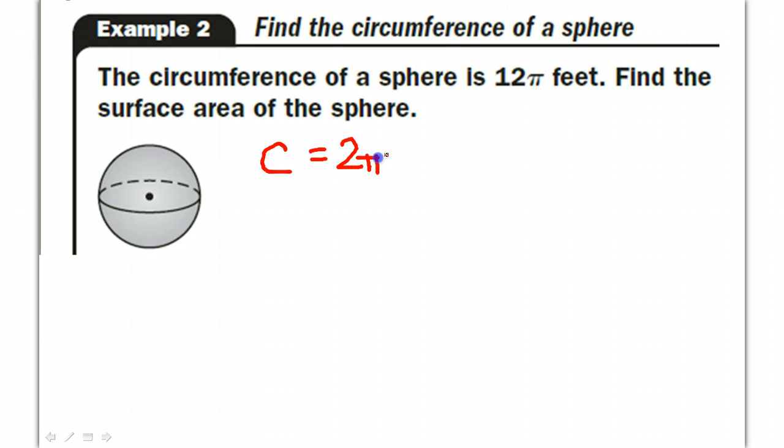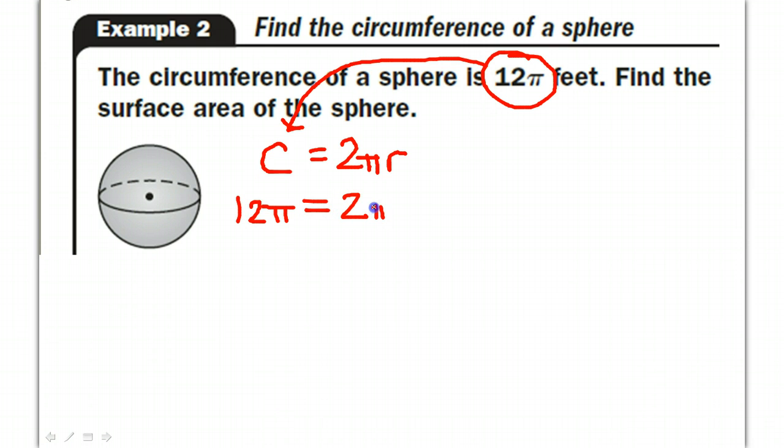So as soon as they mention circumference, the first thing you should do is go ahead and write down the circumference formula. The circumference is 12 pi. So just take your 12 pi and put it in the circumference formula. So that becomes 12 pi equals 2 pi r. What do you think I'm going to do now?